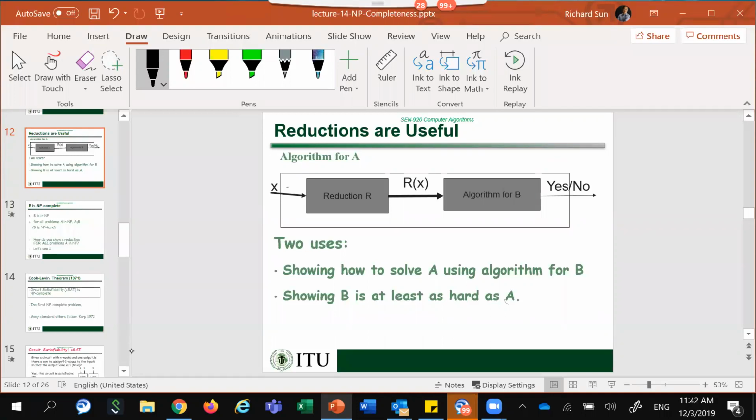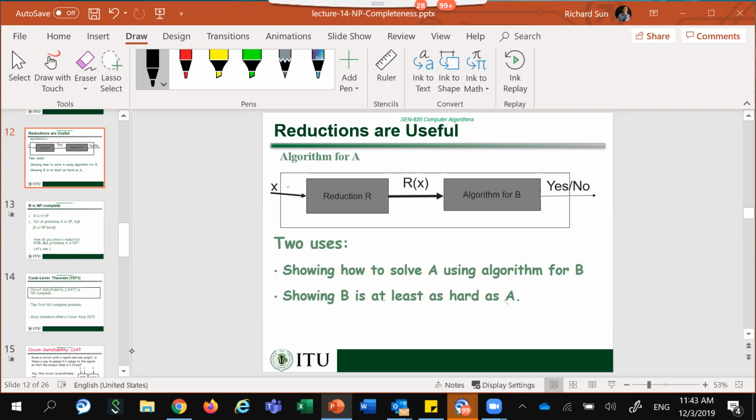Remember in the previous slide we said that if B is polynomial time solvable, then A is polynomial time solvable. That means B is the harder problem: if the harder problem is solvable in polynomial time, then the easier problem is also solvable in polynomial time. Naturally, B is at least as hard as A.